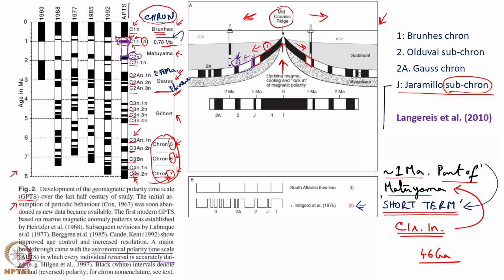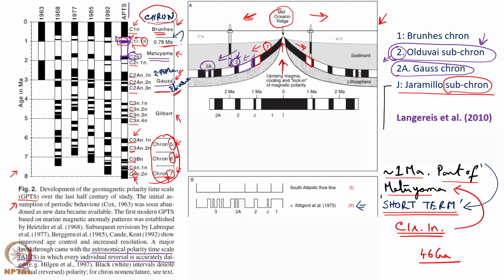So, up to C2n we have been able to correlate. This is the Olduvai subchron, and this Olduvai subchron comes within the Matuyama chron. As one goes away from the ridge axis, in this direction one comes across C2A, which is called the Gauss chron.